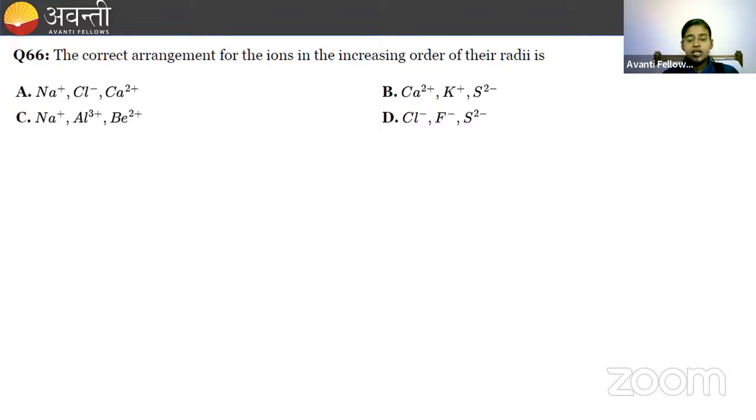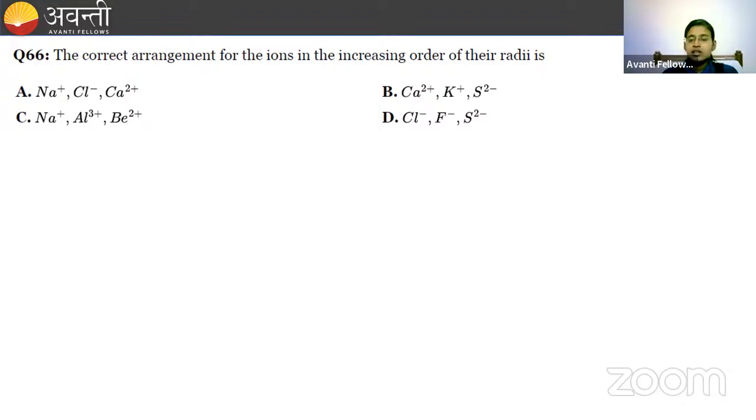Ionic radii: there are two things. The first one is if the atoms are the same. If the atoms are the same, then the cationic size will be less compared to the neutral atom, and the neutral atom size will be less compared to the anion.